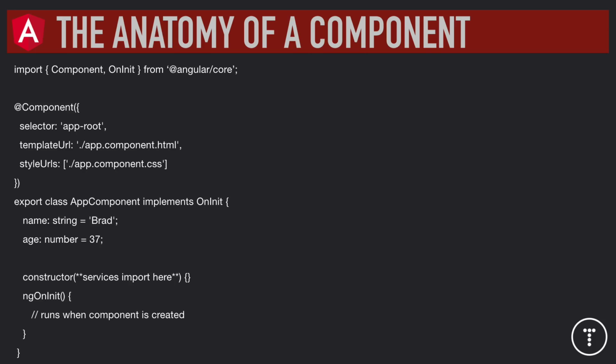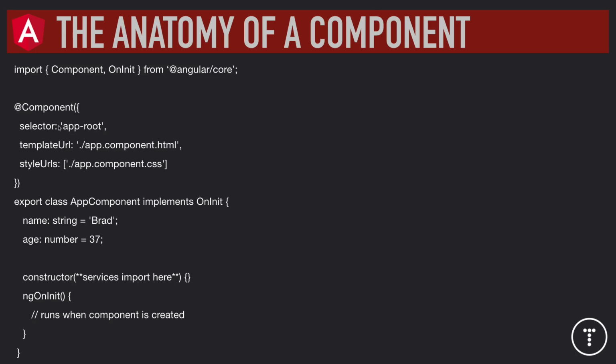So that brings us to the anatomy of a component. This is just a very simple component that I could just barely fit on the page. Basically we bring in the Component package from Angular core. Angular has a bunch of these different packages that it includes. This might look a little weird to you. This is actually a TypeScript decorator, and it includes basically metadata for the component.